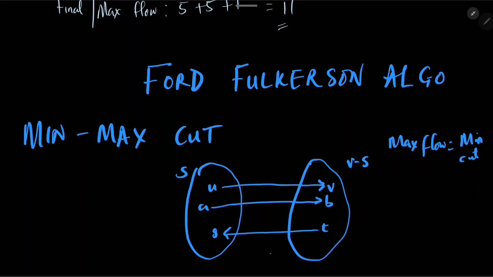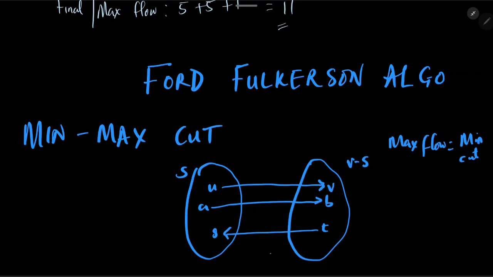On the screen, you're going to see two different trees from a graph, let's call them S and V minus S. They contain vertices, and when you connect both trees, you have a graph.